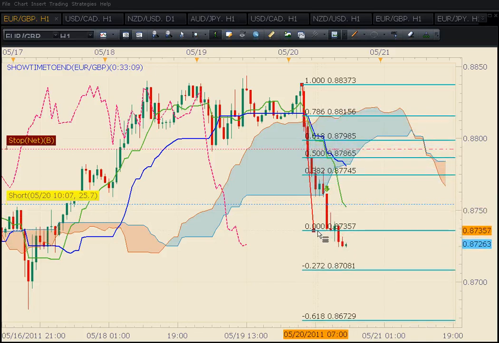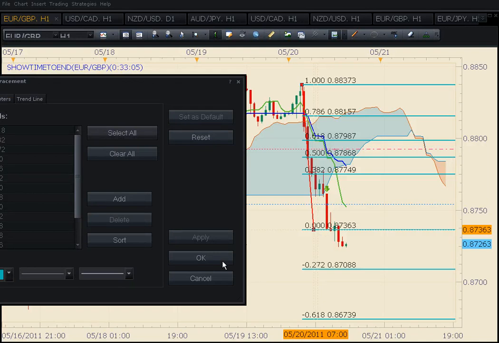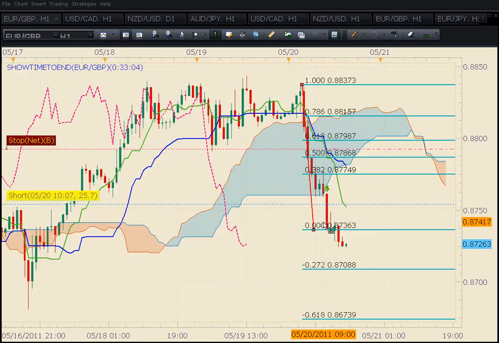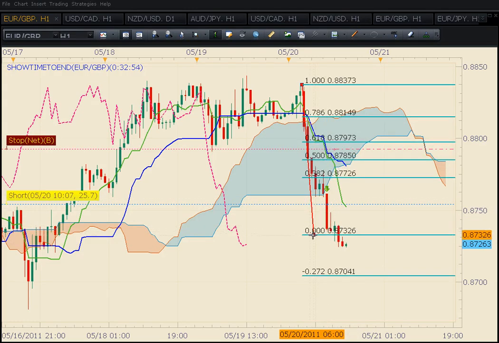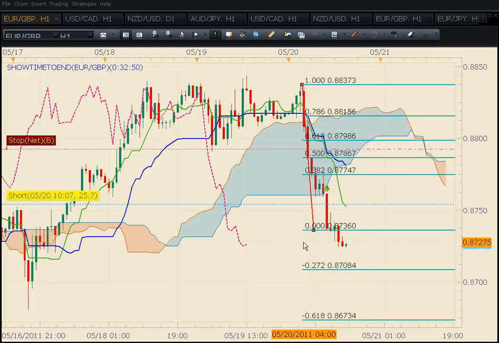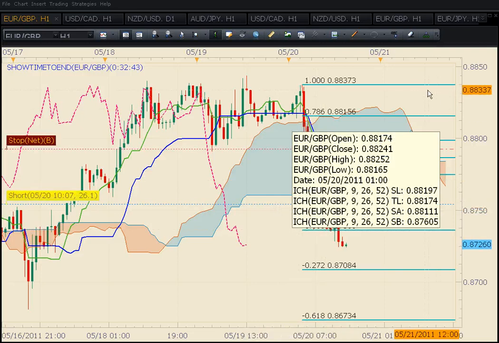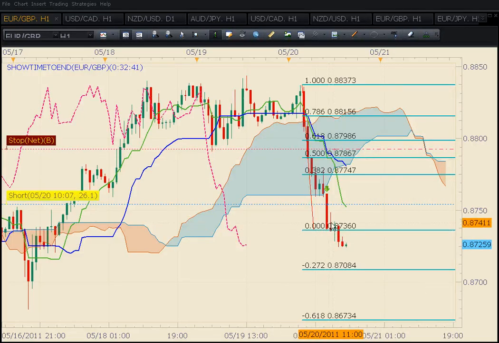When price was right here, I expected this to reverse because when I got in right here, it dropped down, and I said when it reverses, as soon as I see it reversing, which it did right there, when it started reversing, I watched this go back up, and I said it'll go up to 32% retracement, maybe 50, but I knew I had some strength with the tenkan-sen because price has to go through that, and then I knew I had strength with my kijun, and price had to go through that.